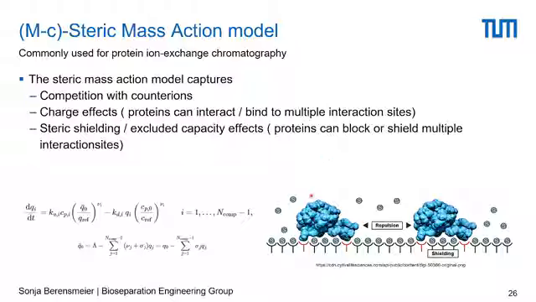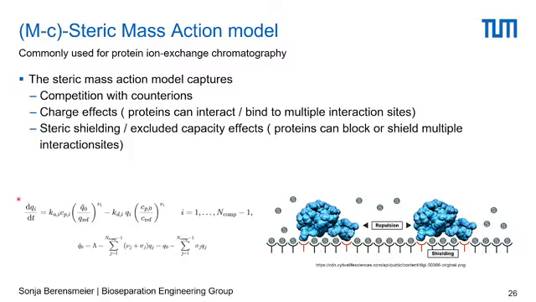This is visualized again at the bottom. This protein is taking up two binding spots and also, with its geometry, is limiting other binding spots from being interacted with, right? So in this case, the three binding spots below the protein are blocked by the protein and can therefore not be interacted with by other proteins.